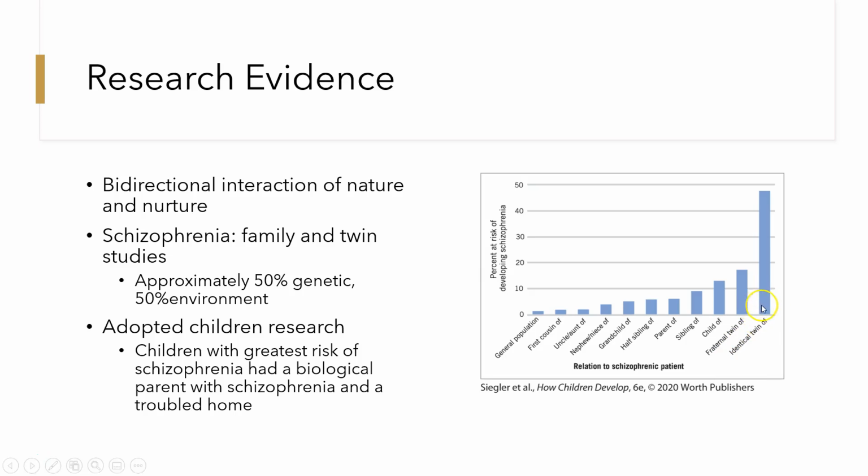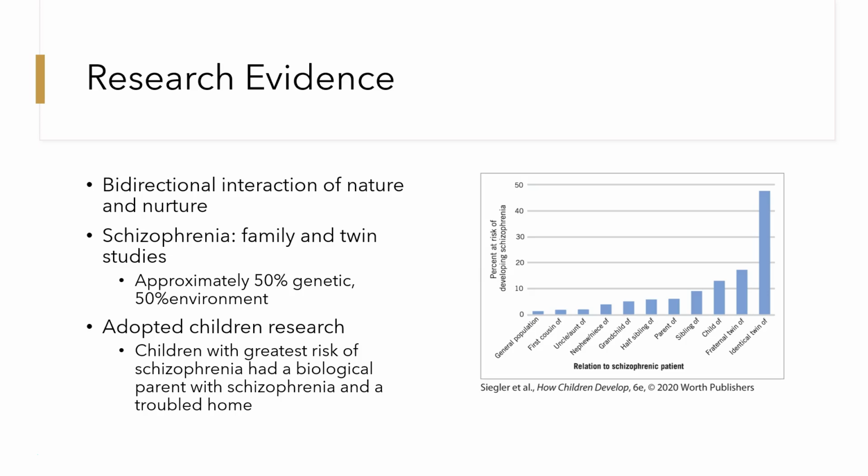And so if developing schizophrenia was 100% genetic, well, if one identical twin developed schizophrenia, the other identical twin would also develop schizophrenia. But that's not what we see. We see a 50% concordance rate. 50% of the time, if one identical twin develops schizophrenia, the other twin does.